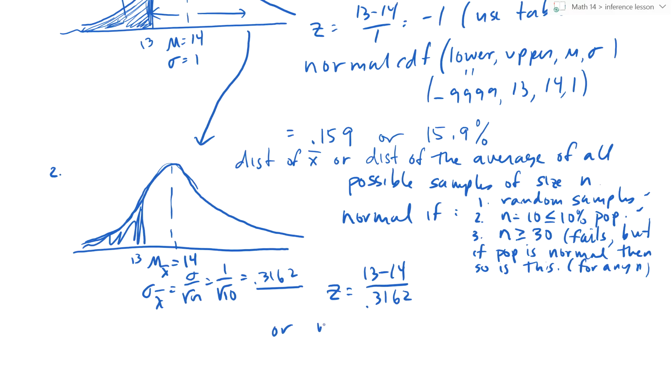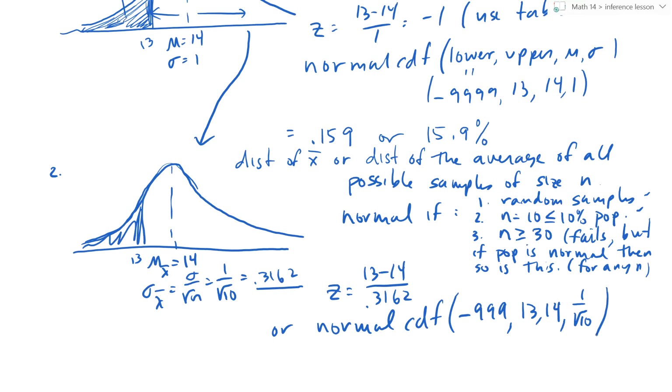Or I'm going to go normal CDF, the minimum, the maximum, the mean, and the standard deviation. I'll put in 1 over square root of 10 in my calculator, so I don't have to round numbers off.